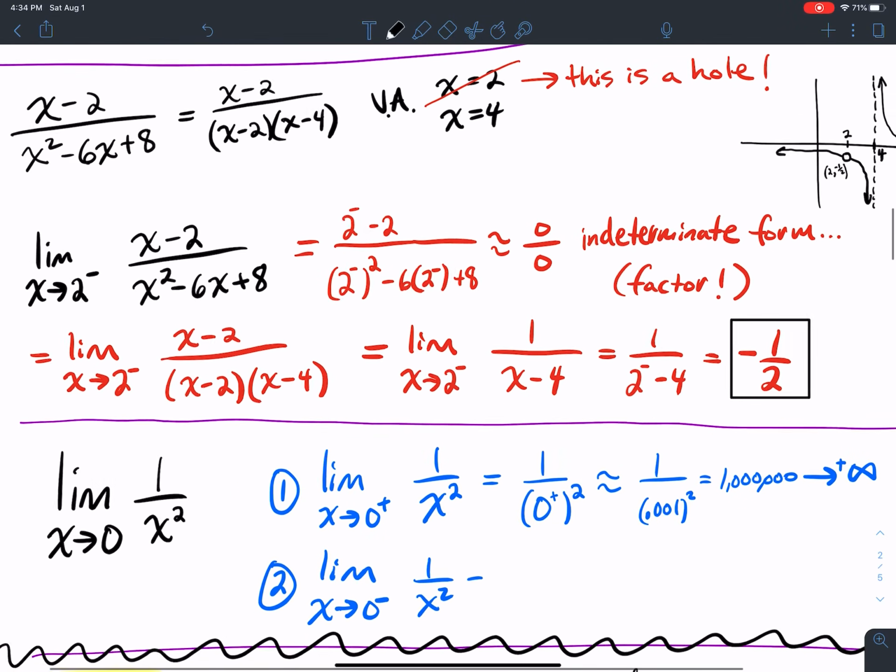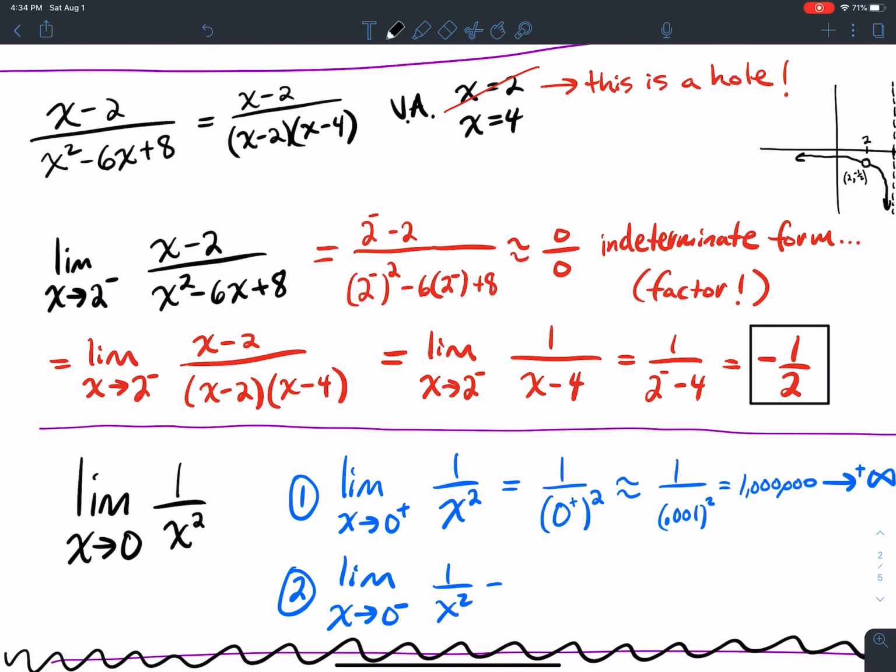Now, the left-hand side, hopefully I said right-hand side there. For the left-hand side, I want numbers that are slightly less than 0. If I square a negative number, like negative 5, what type of number do I get?